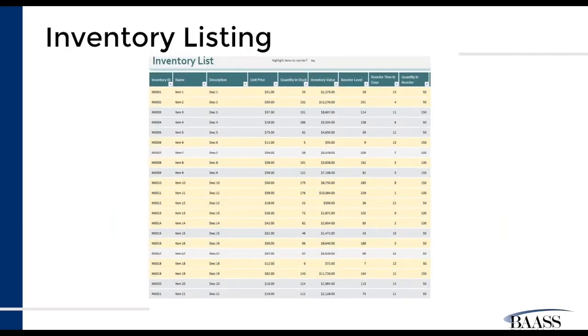So an inventory listing, as I mentioned, oftentimes lives outside of the ERP. That is because we're just tracking inventory. Maybe we don't need inventory to be sold to a customer, but we have inventory that's required. Let's say you're in the service industry and you are going out to a job.